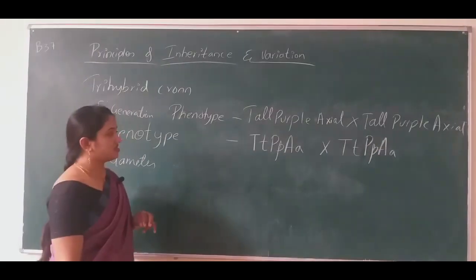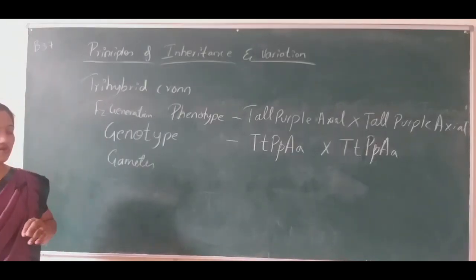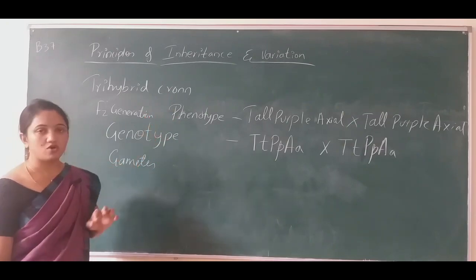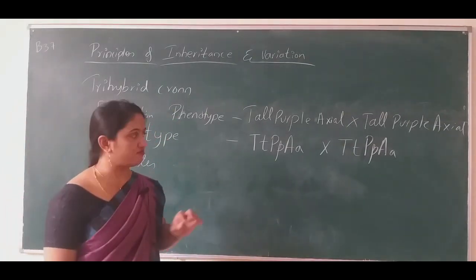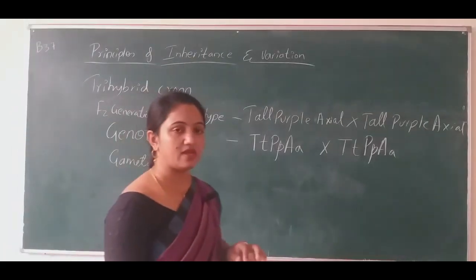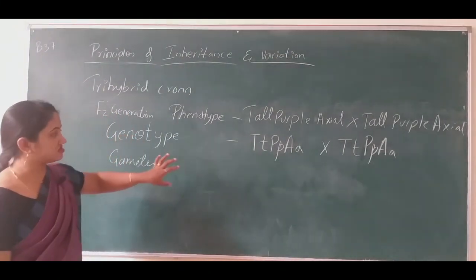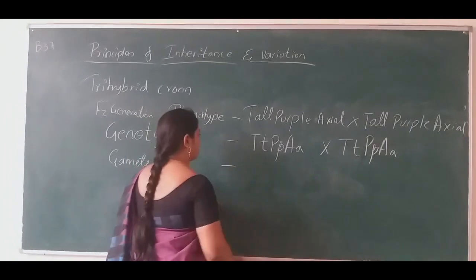So that is the genotype of the F2 generation. Now, how to take the gametes of this heterozygous condition plant? Look at the board carefully.